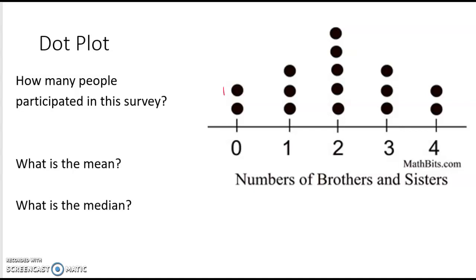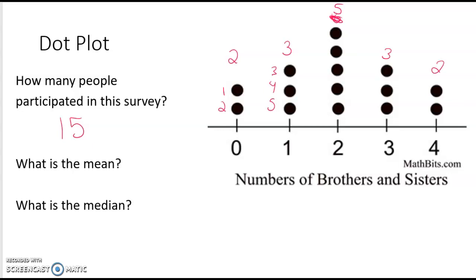So we're just going to count: 1, 2 dots, 3, 4, 5, 6, 7, 8, 9, 10. So there's 5 more. So there's 5 here, and then 3, and then 2. So if you add them all up, 2 plus 3 is 5, 10, and then 15. So how many people participated in this survey? 15, because there are 15 dots.